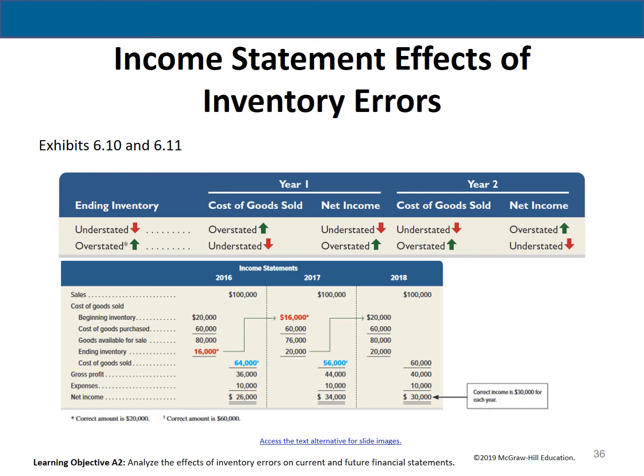That means you would have expensed too much, overstated it. If you expense it too much, what happens to net income? It's lower than it should be, or understated.